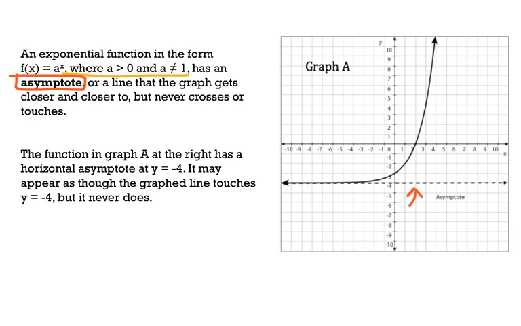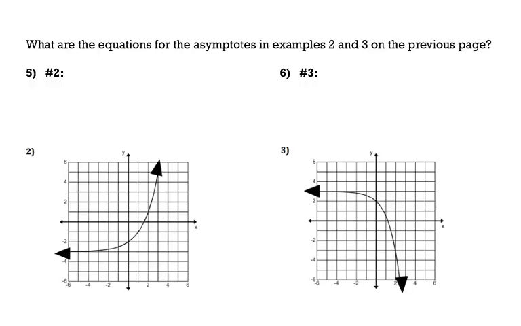So we're going to identify the asymptote of two different graphs. The directions are, what are the equations for the asymptotes in examples 2 and 3 on the previous page? So you'll want to flip back to the previous page on the notes and look at number 2. Number 2, you'll notice, comes down and then levels out going to the left, right here.